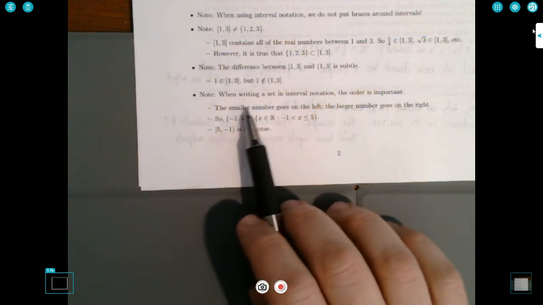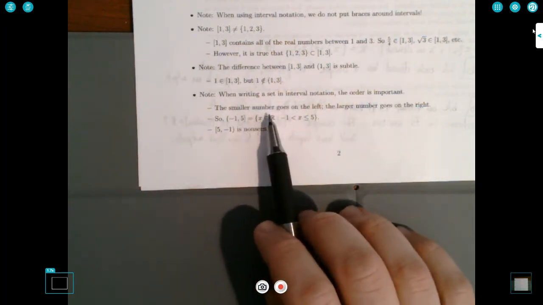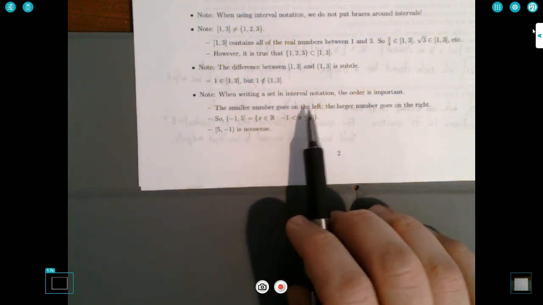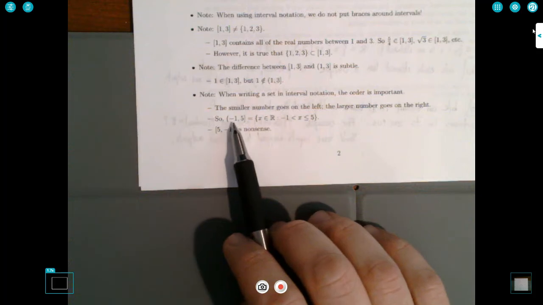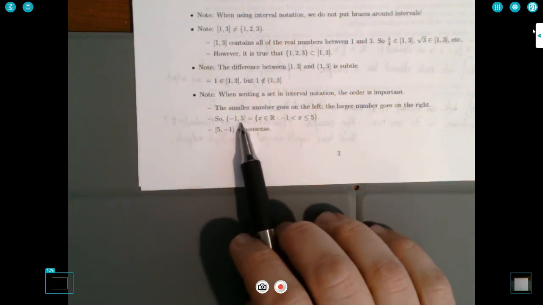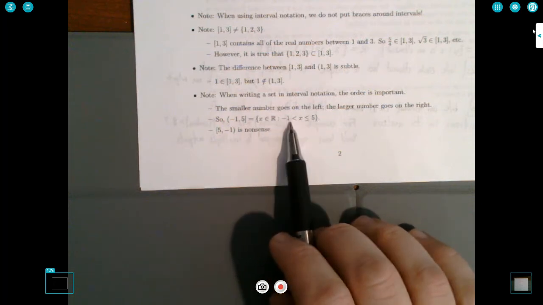And then finally, I mentioned this a second ago, but when writing a set in interval notation, the order is very important. The smaller number always goes on the left, and the larger number always goes on the right. So the interval from -1 to 5 is the set of all real numbers that are between -1 and 5, not including the -1.